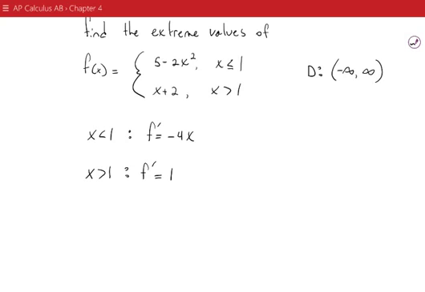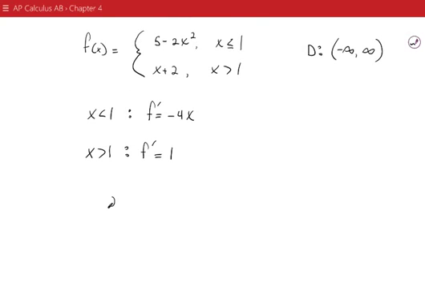Because these two slopes do not match at x equals 1, which is where the two piecewise functions come together, the slope on one side is negative 4, and that doesn't match the slope on the other side.